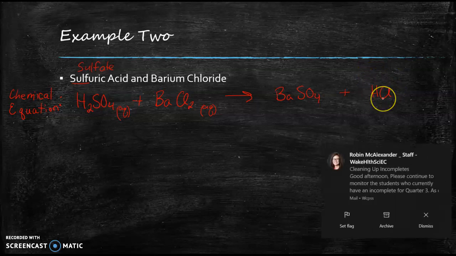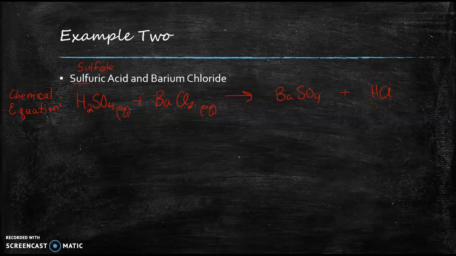It is hydrochloric acid. Looking at our solubility rules, we know that the barium sulfate is going to form a solid or a precipitate, while the HCl is going to form aqueous. Make sure you double check that it's balanced. This equation is not, so we need to add a 2 in front of our hydrochloric acid.